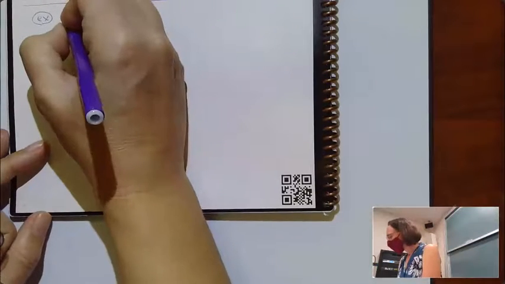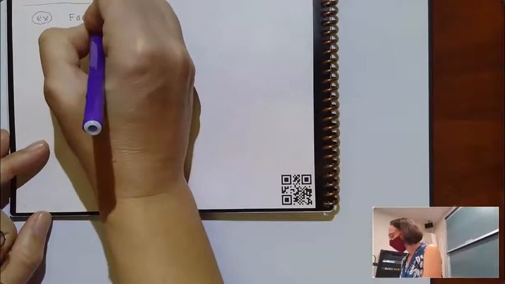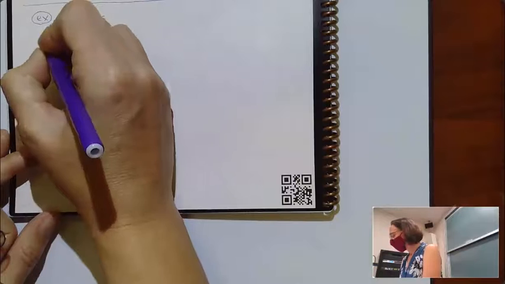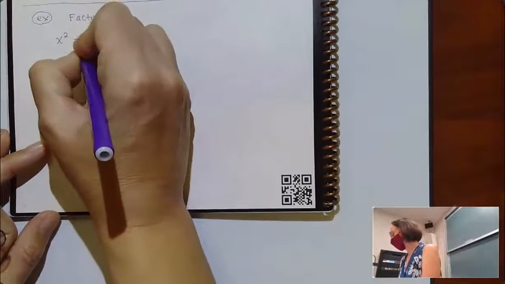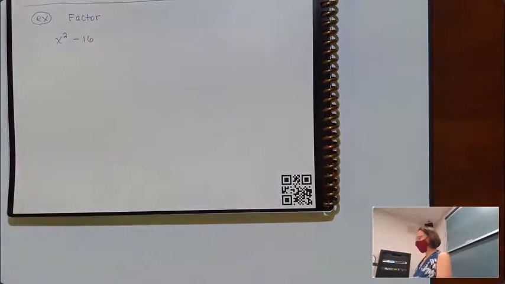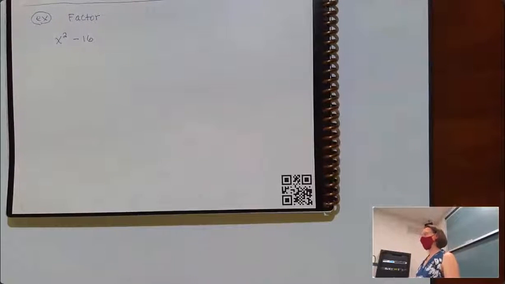So if I asked us to factor, and what I gave was x squared minus 16, my guess is that some of you look at that, and that's one that you might immediately say, oh yeah, I know what the factors are.